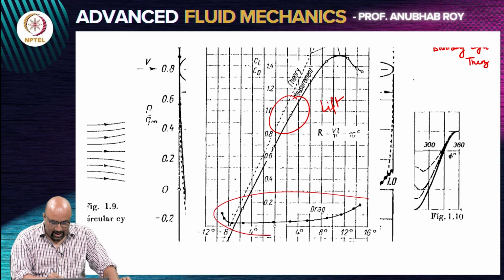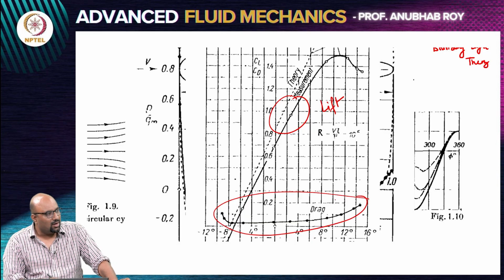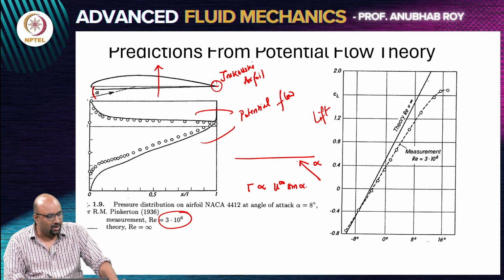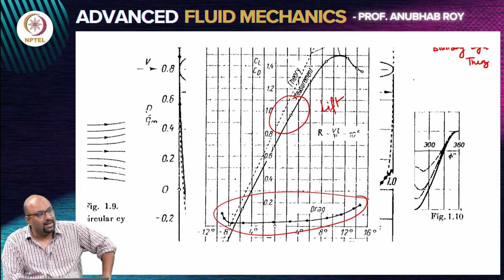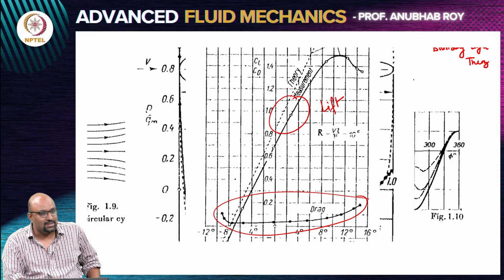The part where things go amiss is drag, because there is no drag from potential flow. If you make experimental measurements, obviously you will find there is a resistance. If there is a uniform flow past this airfoil, you are going to experience a drag, whereas potential flow will clearly tell you that drag is 0.